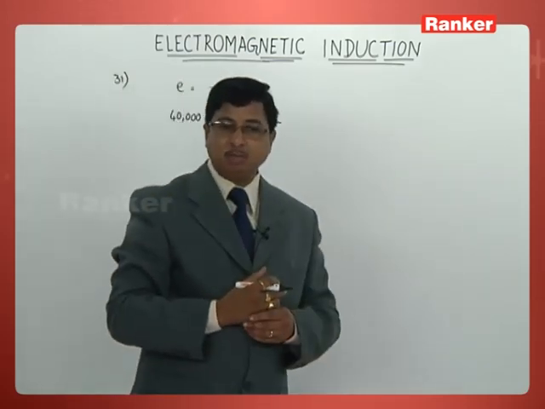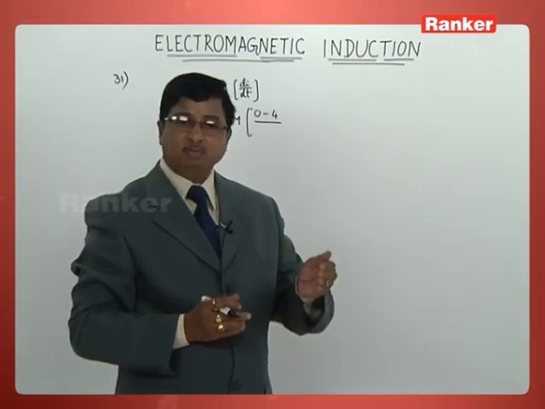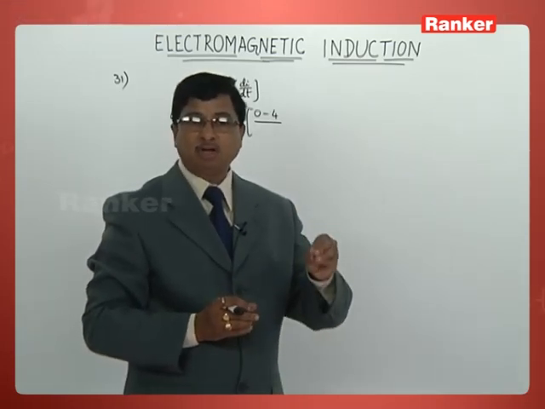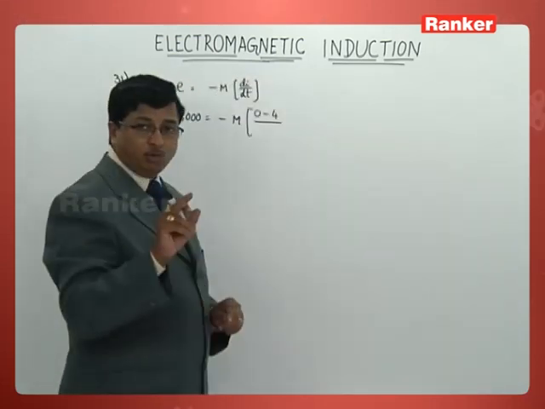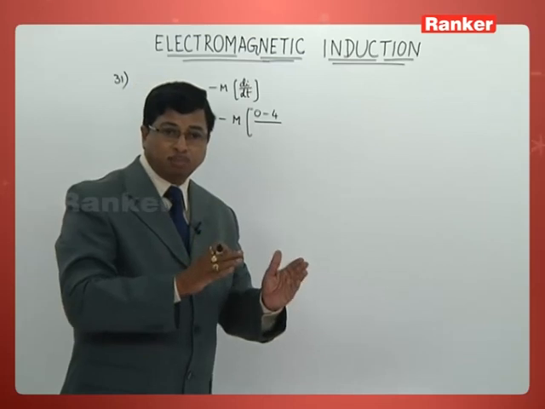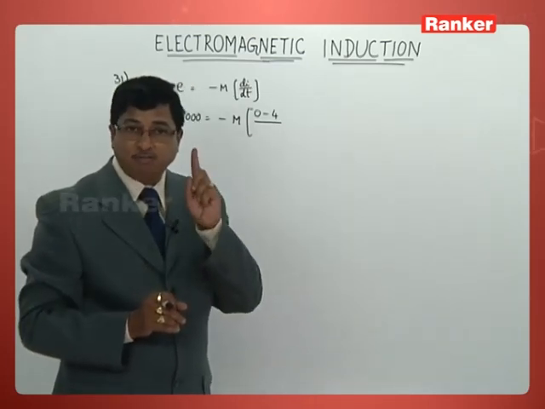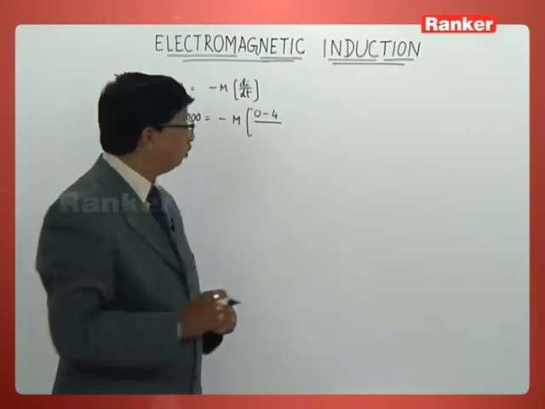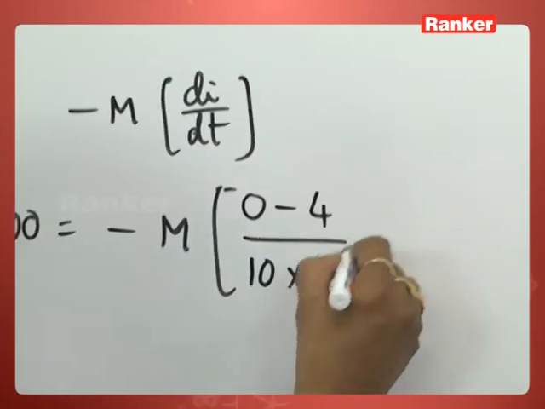He has given that the current is coming down from 4 ampere to 0 in 10 microseconds. That is the value of time provided to us, 10 power minus 6.